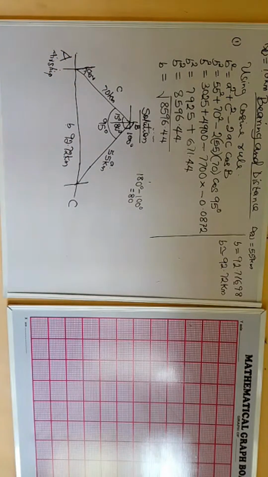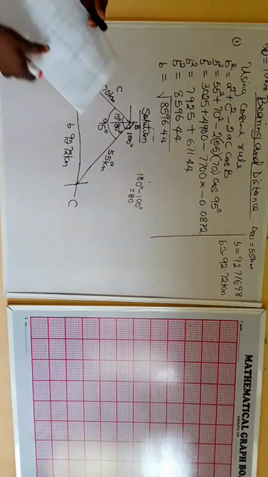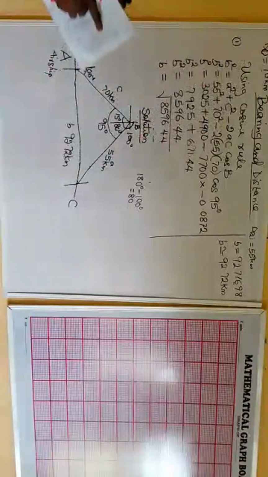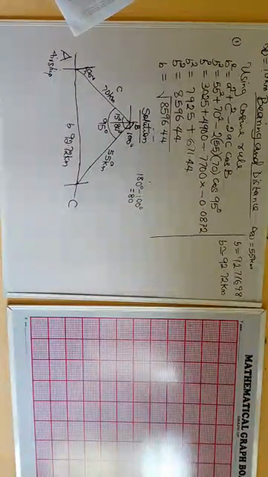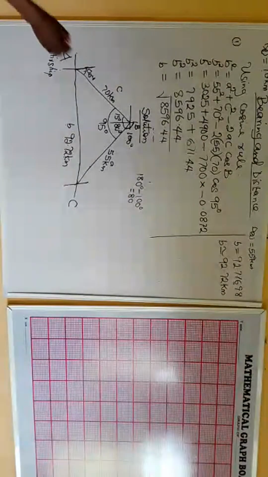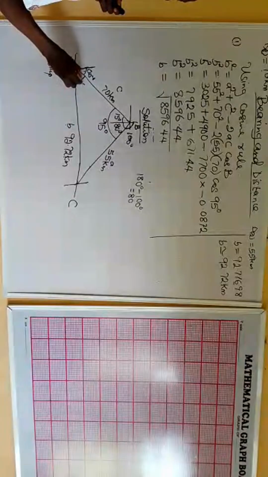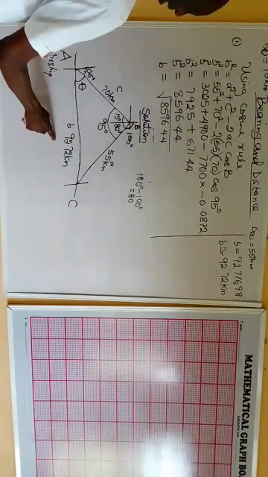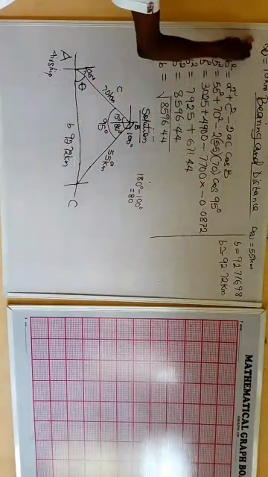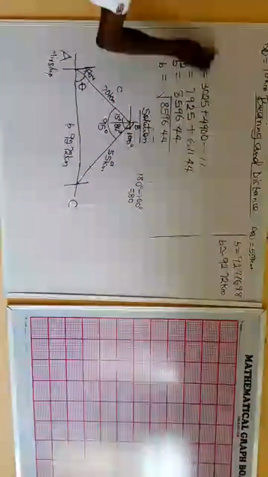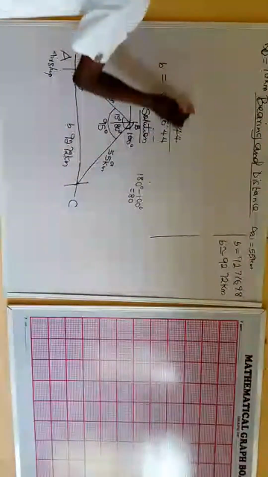Okay. What is the question? Let me look at my question paper here. It does say, now we should find the bearing of the airship to the nearest degree. The bearing from the airship. So look at the airship here. I will use theta to represent it. So permit me to clean the diagram.